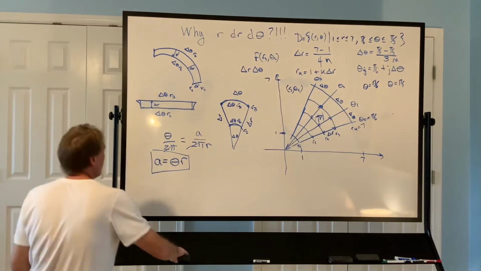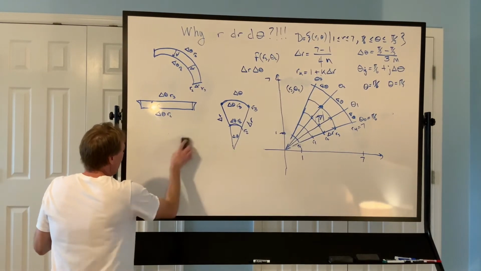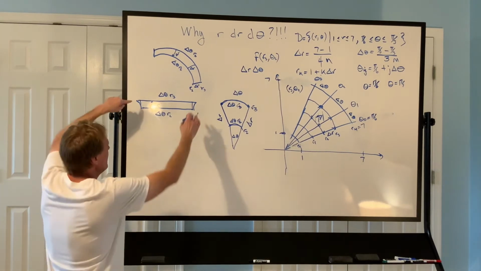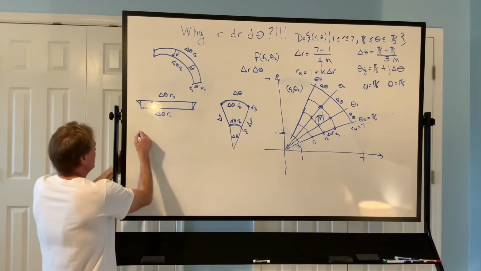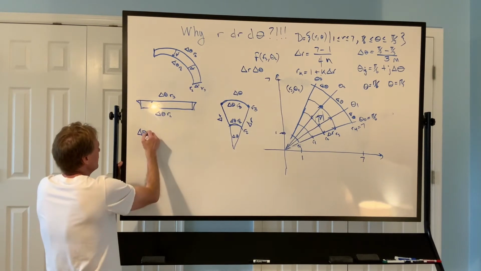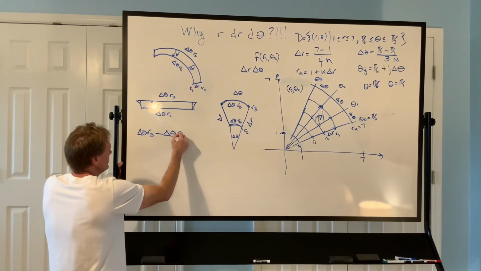So for example, we can even figure out how much more is up here than what's there. How much longer is this than this? Let's just do that. It's the length of that arc minus the length of this arc.